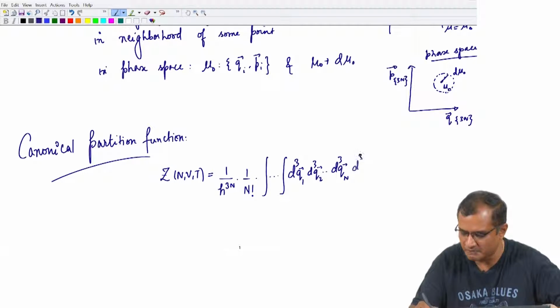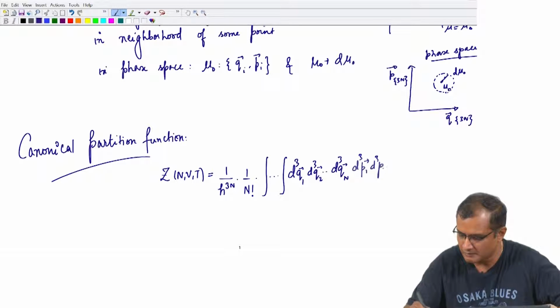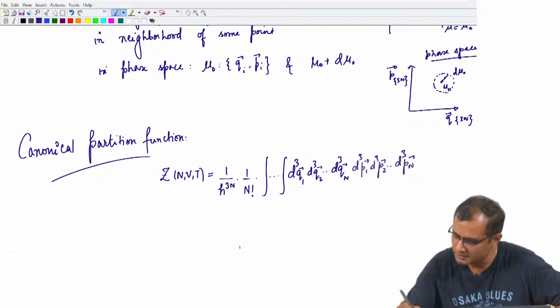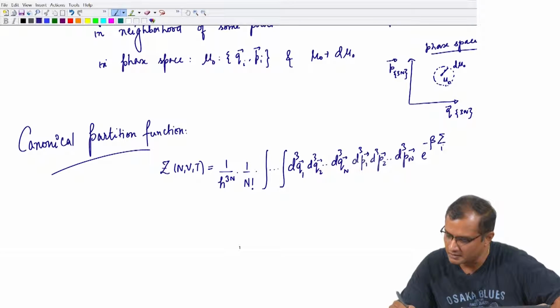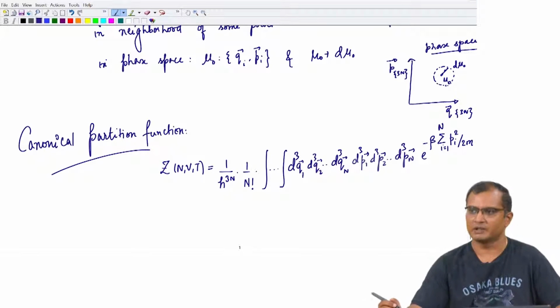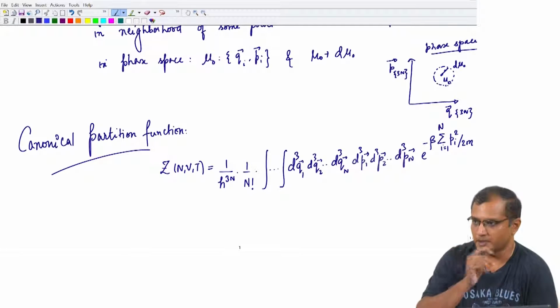Then I have these momentum integrals of our Boltzmann factor, which is e raised to minus beta times the Hamiltonian of a microstate, which is nothing but the summation over all particle momenta, where I will go from 1 to n, p i square by 2m.